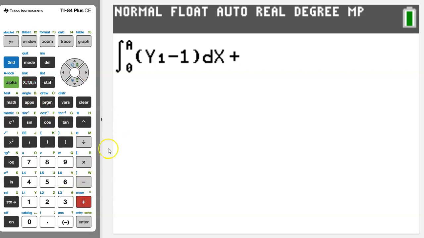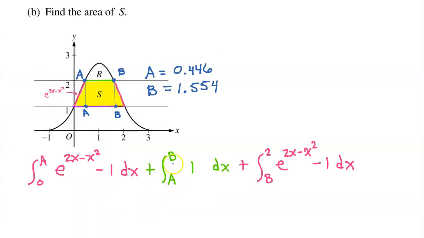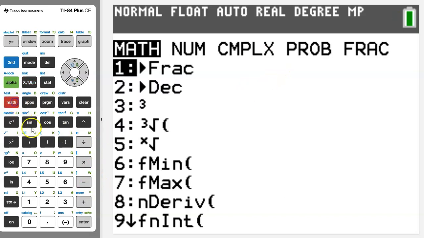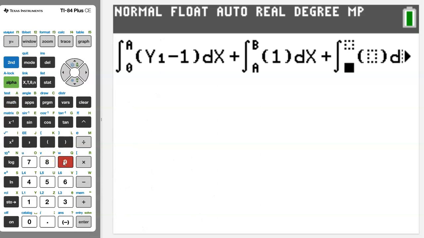Now here comes the second one. Hit Math 9, and we are integrating from a to b. And this was just a 1. All right, so that's the middle one. Now here comes the third one, Math 9.